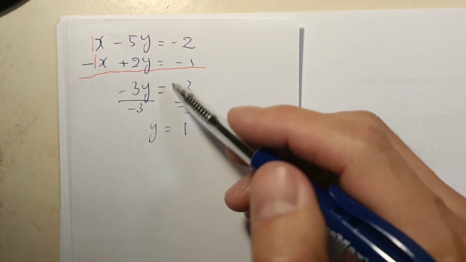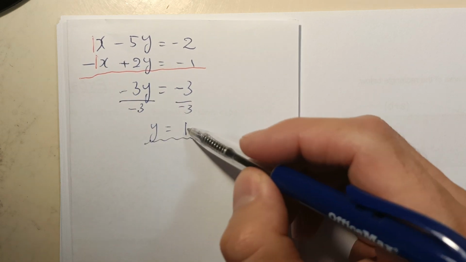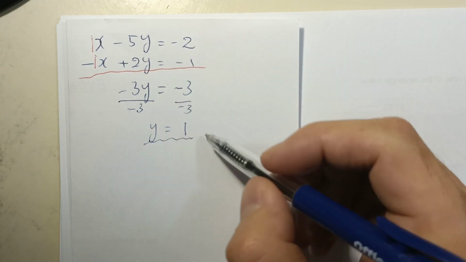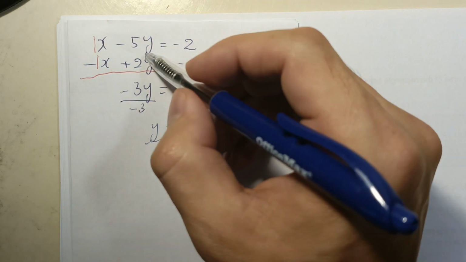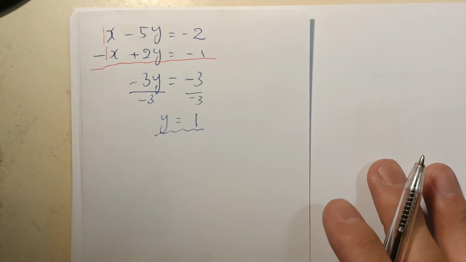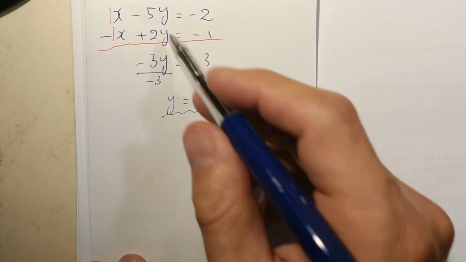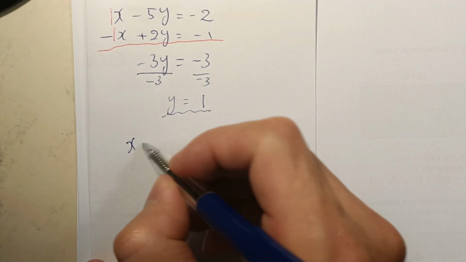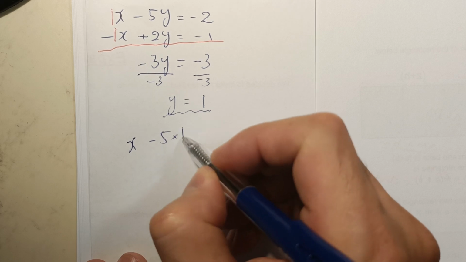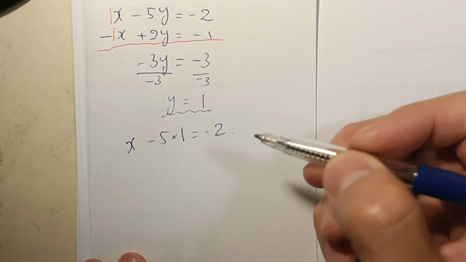To figure out x, you put 1 instead of this value y. So if you plug 1 in there, x minus 5 times 1 equal negative 1.